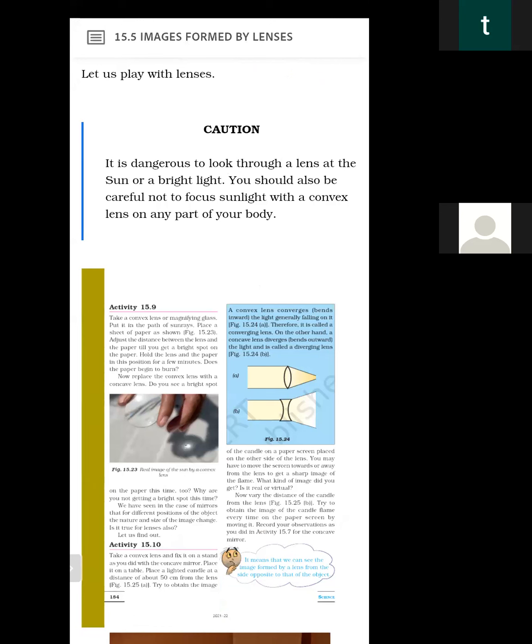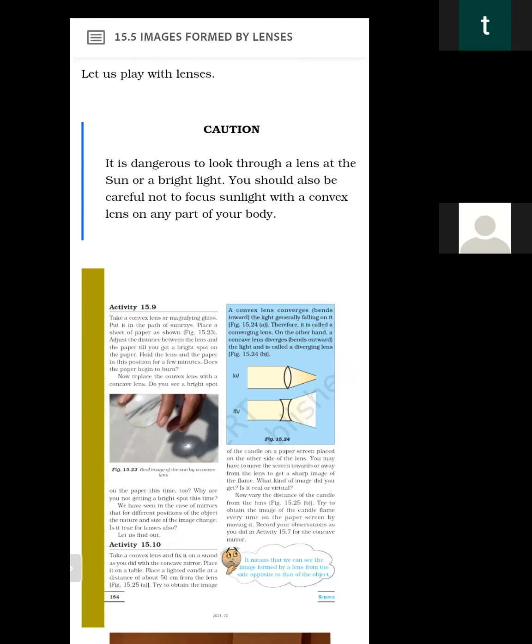Activity 15.9: take a convex lens or magnifying glass and put it in the path of sun rays. Place a sheet of paper as shown in 15.23. Adjust the distance between the lens and the paper till you get a bright spot on the paper. Hold the lens and the paper in this position for a few minutes.